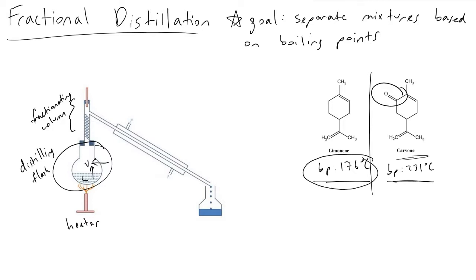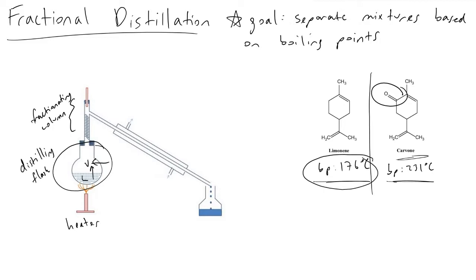And so what happens within the fractionating column is we're essentially going to condense this vapor, which is somewhat concentrated in limonene, back into a liquid, and that liquid's going to have the same ratio. But as the heat continues to evaporate that concentrated limonene liquid, the new vapor from that will have a slightly higher concentration than the liquid that it just came from.